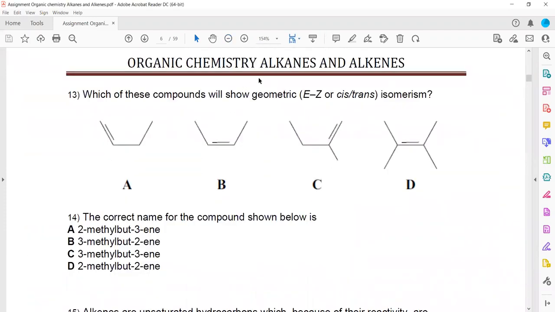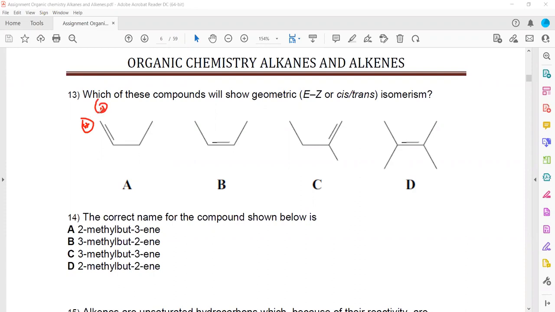Which of these compounds shows the geometrical isomer, Z or cis-trans? So how do we identify it? If identical groups are attached to the carbon-carbon double bond, it cannot show geometrical isomerism because we cannot compare. If we see this carbon, it has 2 hydrogens, and one hydrogen here, one hydrogen here.